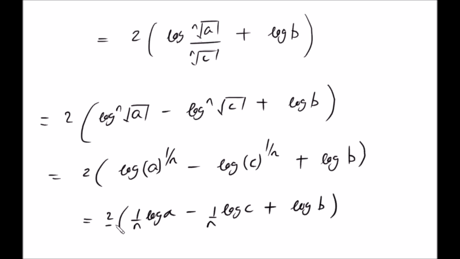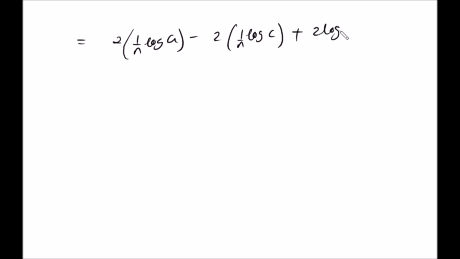So now tuingize hii 2 ndani. So ukiingiza hiyo 2 ndani, you get 2 times 1 over n log a minus 2 times 1 over n log c plus 2 log b.